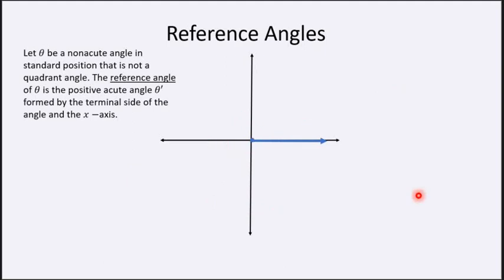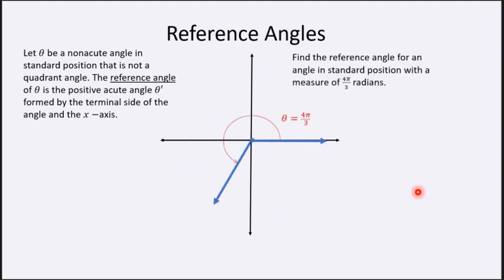Let's do another example. So let's look at this angle. And this time it's given in radians. Theta here is 4 pi over 3 radians.